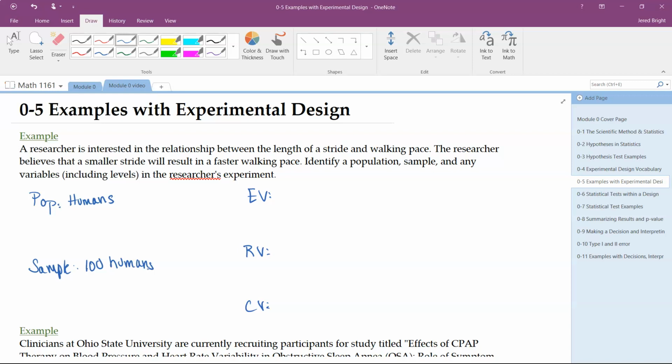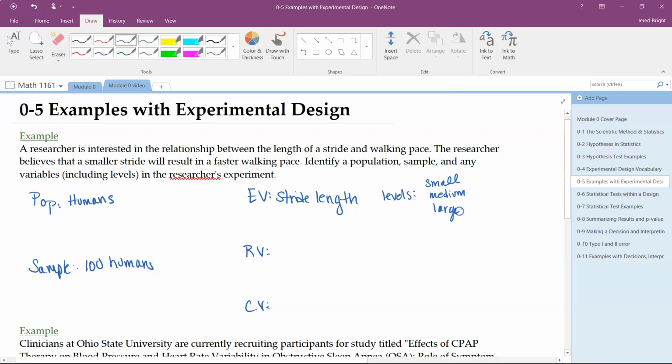The explanatory variable here is what we think causes a change in something else, and that is going to be the stride length. In terms of levels, it says a smaller stride, so a stride could vary from a small stride to a medium stride to a large stride.